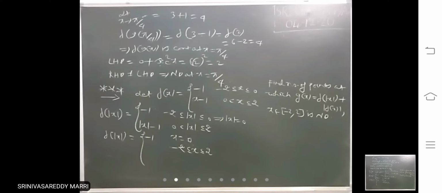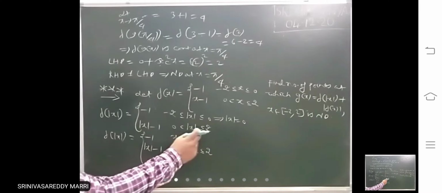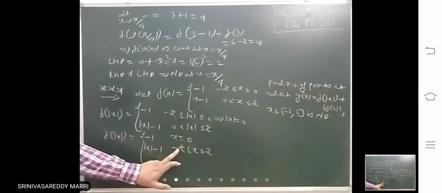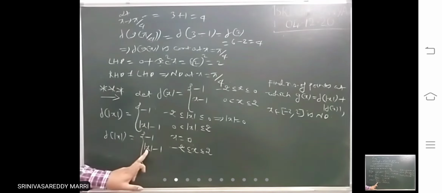So in this interval, the definition is this. In this x interval, again, we can open the modulus. If x is negative, modulus x is minus x. If x is positive, it is x.